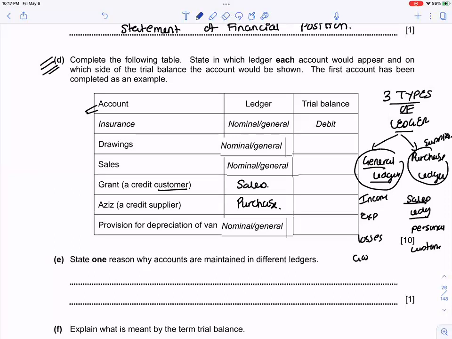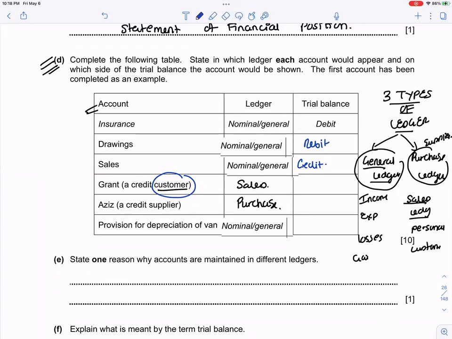Debit, okay. Sales, credit. Customer is called what?